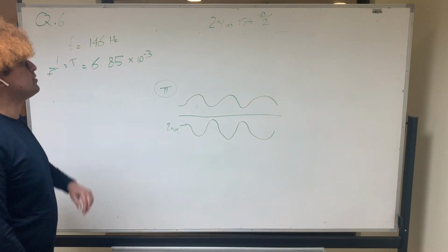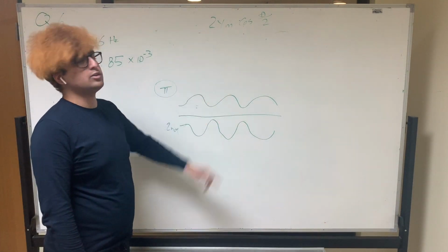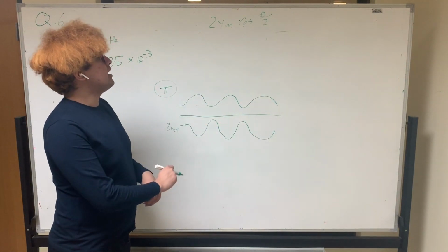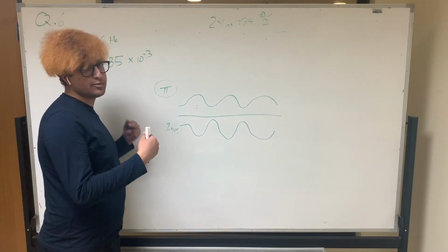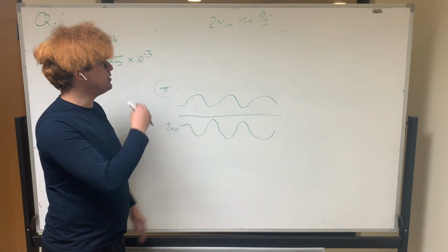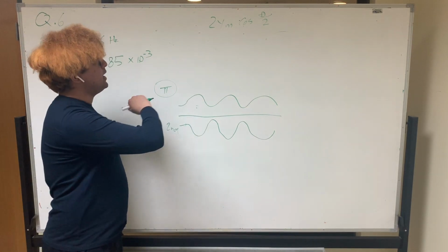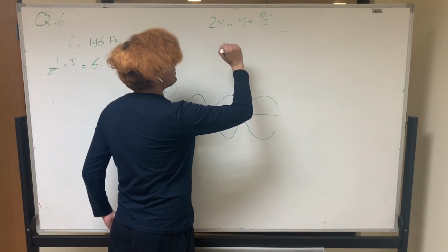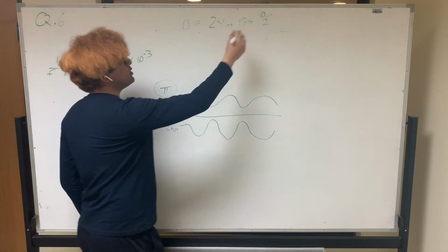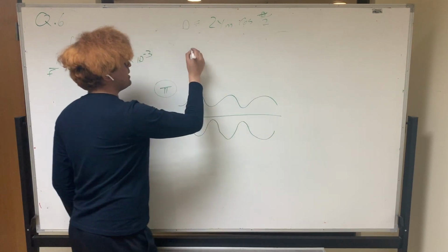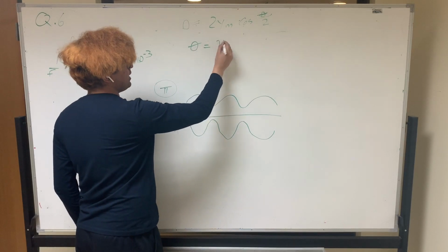Or alternatively, we could think of the equations. So if you want to get rigorous here, you could think of the equation we get when we have two interfering waves going in the same direction. And this is the amplitude, okay? So we want this to be equal to 0. And what should be the angle? So the angle should be pi, okay?